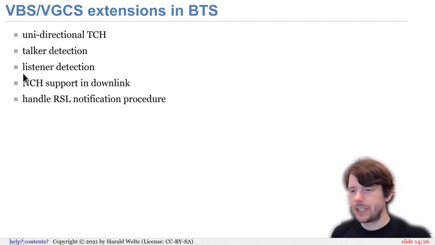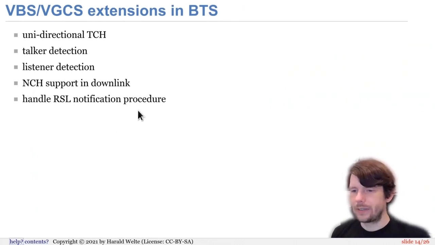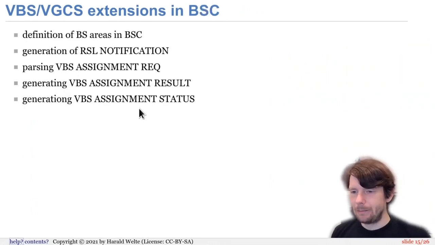There's the notification channel in downlink support, and also there's a related RSL notification procedure where the BSC sends notification messages that then need to be enqueued to be transmitted on the NCH. But all in all, I think the impact to have this group and broadcast call support in the BTS is relatively minimal. There are many other changes in other parts of the network, but for that, it's relatively simple.